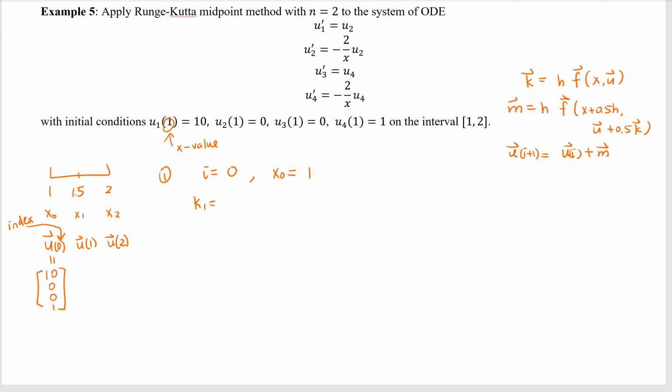By the way, what is h? The step size is 0.5, right? So that is h times f1. f1 is u2. So u2 of 0. Okay. And what is that?